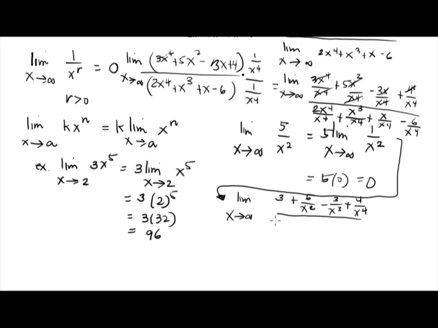In the same way, 2x to the 4 over x to the 4 will be just 2. The next one will be 1 over x. This will become 1 over x cubed. And the last one will remain as 6 over x to the 4.